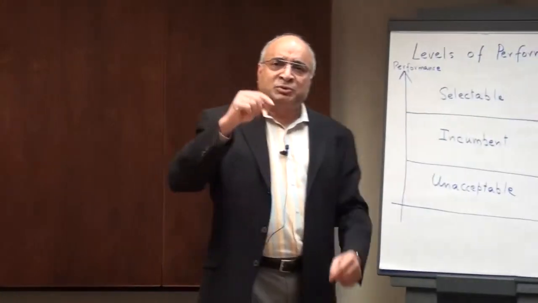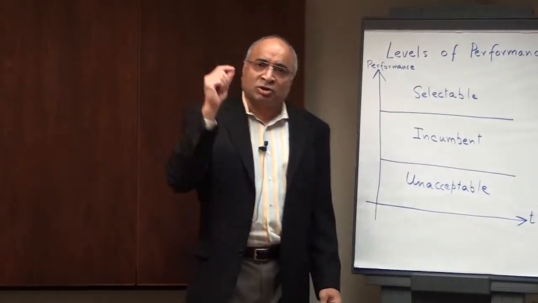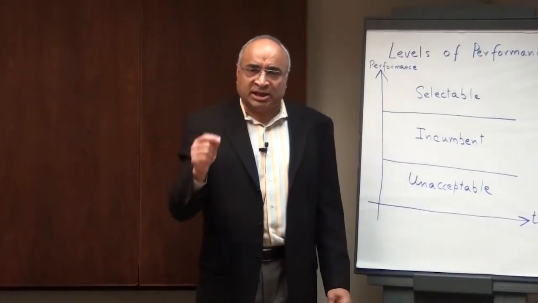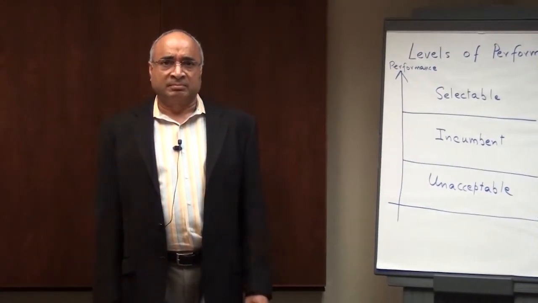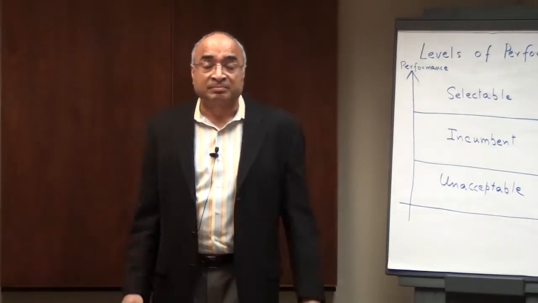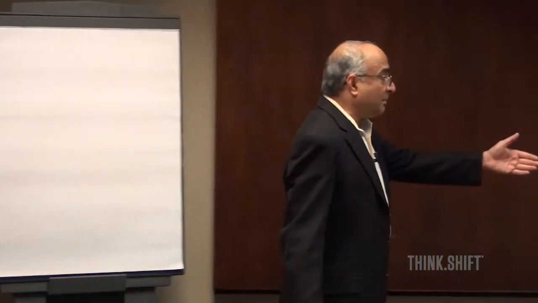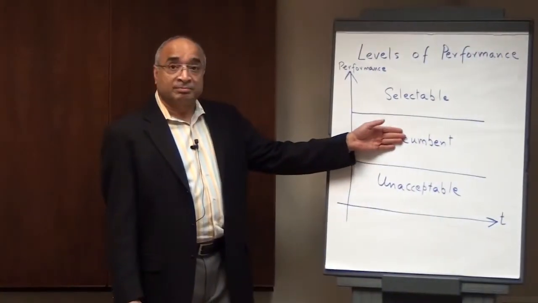You add up the costs, multiply by probabilities, and you come to the conclusion that it is not in your economic interest to actively get rid of this person. So you keep the person. Why do they have the job? They have the job because they've got the job. You wouldn't hire them, but they already have the job. That's an incumbent level of performance.